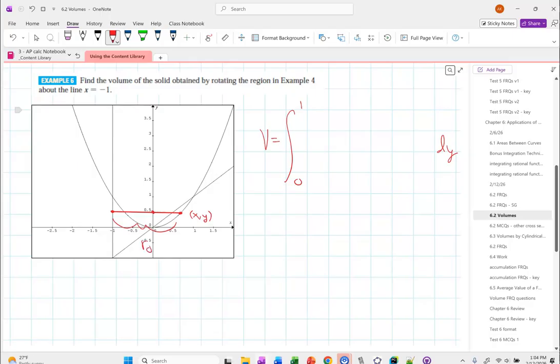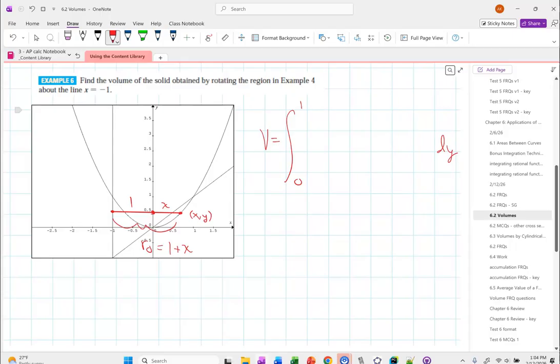Now I know this distance is 1 from x equals 0 to x equals 1. This distance is x, right? Because we've gone x over to get to that point. So our outer must be 1 plus x. Everybody's good with that construction?